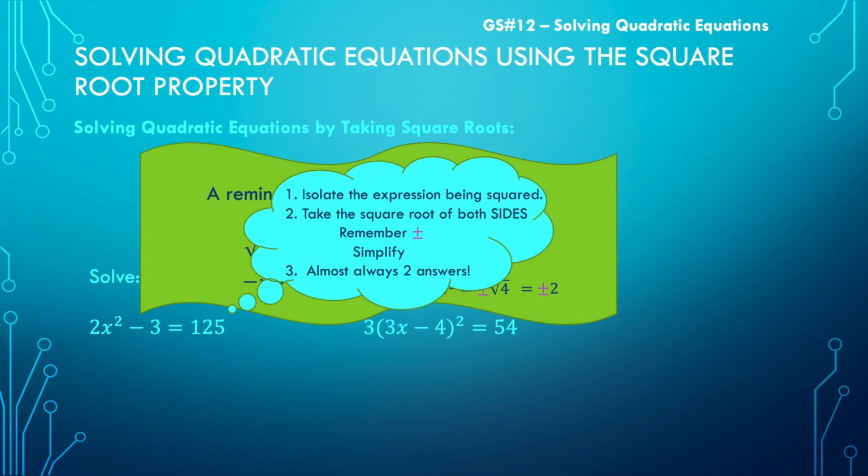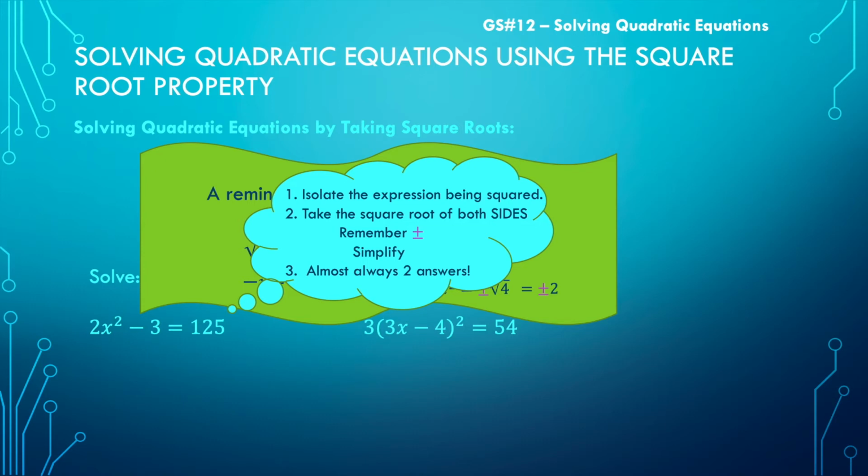So we're going to look at what we need to remember. The first thing you want to do in this case is isolate whatever is being squared. You may have a variable being squared, or you may have a different expression being squared, but whatever is being squared needs to first be isolated.